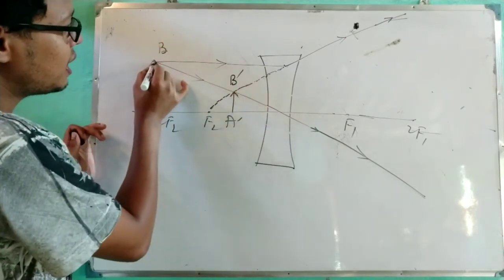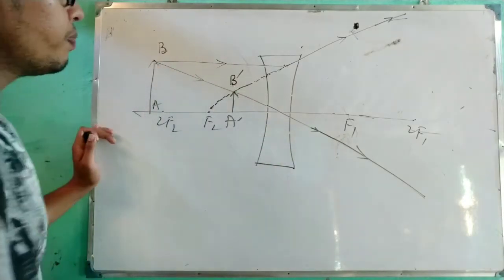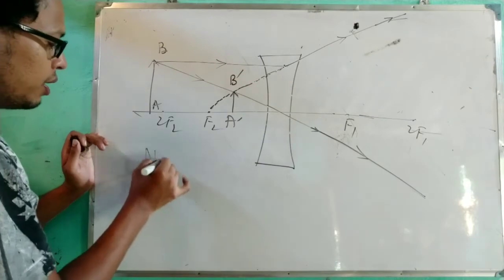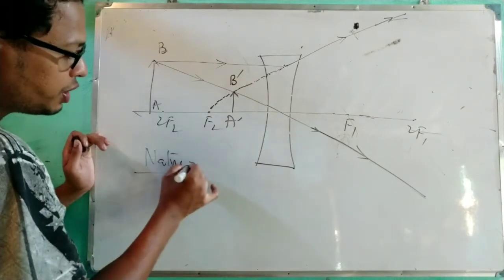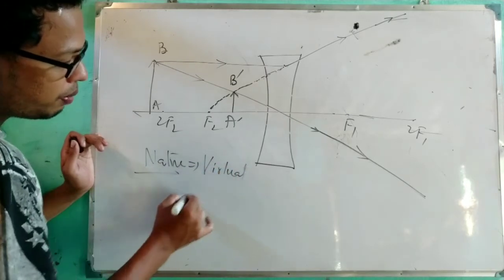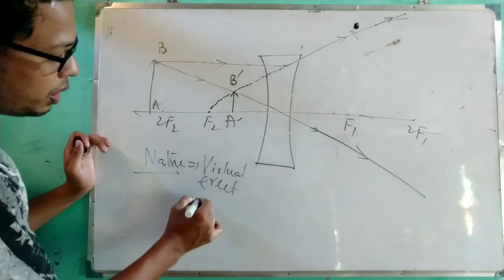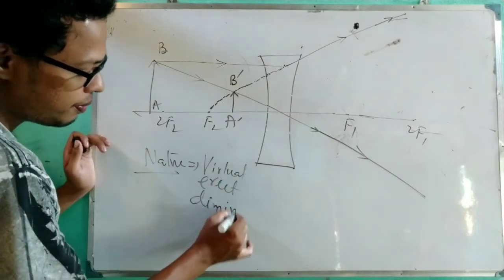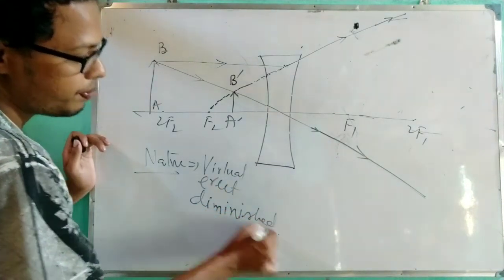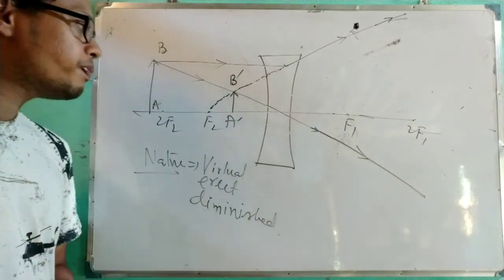Because these rays are coming from here, this is the meeting point, this point will be B dash also. So A dash, B dash we are getting. So nature: virtual, number 2 erect, number 3 diminished. Okay. So this is how the ray diagrams you have to draw.